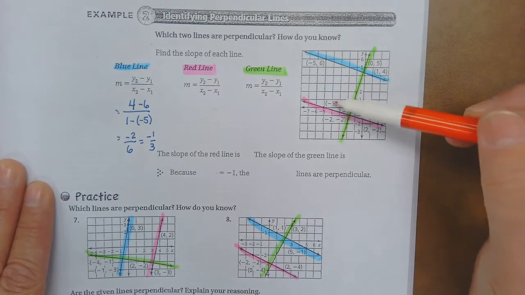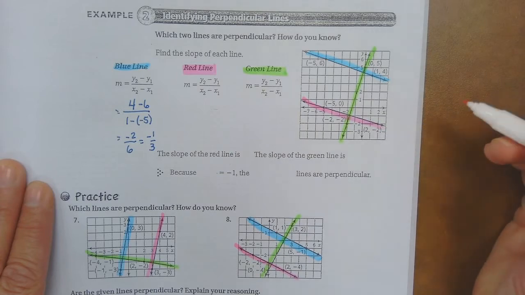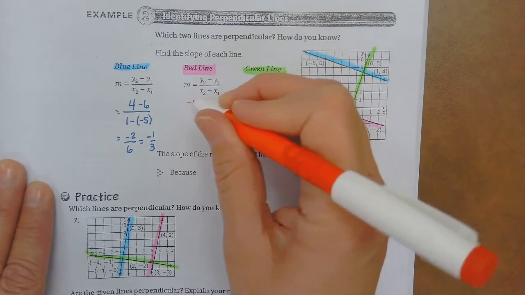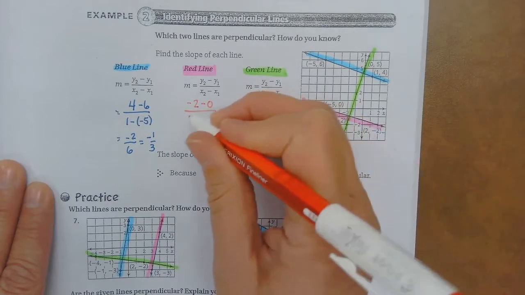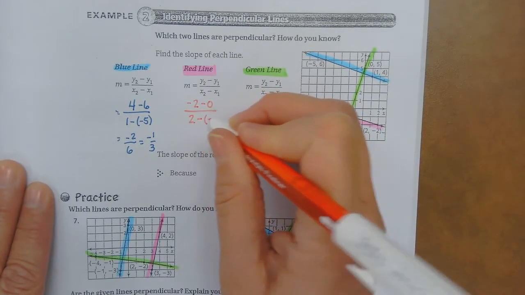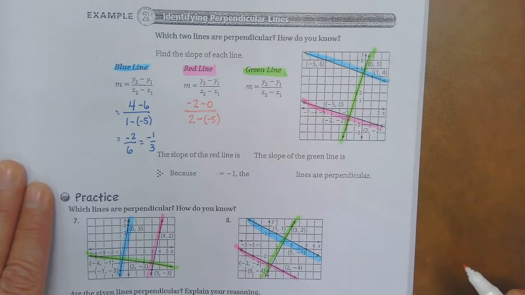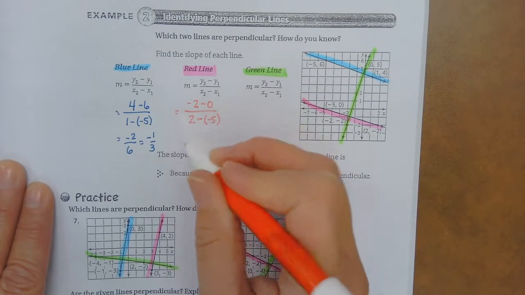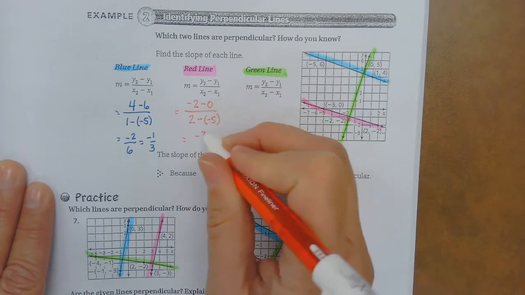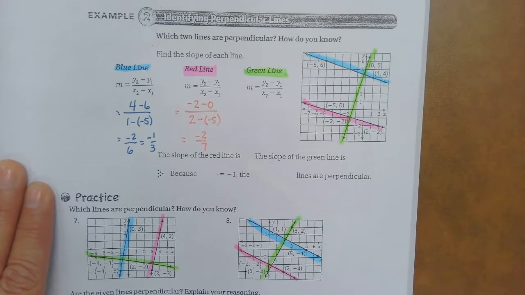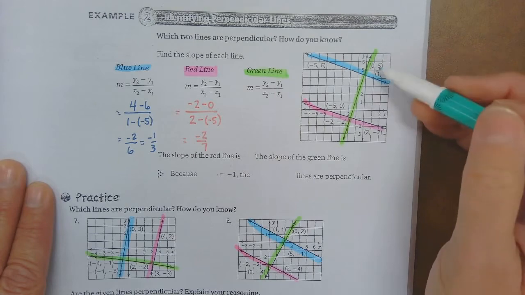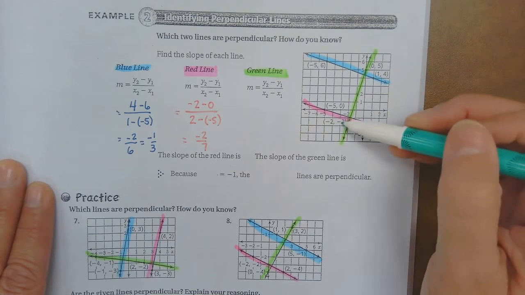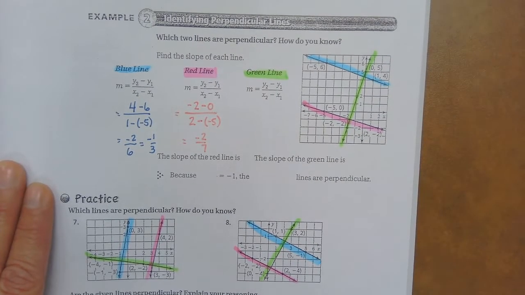For the red line, I'm going to use -5, 0, and 2, -2. So the change in y is -2 minus 0. The change in x is 2 minus -5. If I simplify that, it's -2 over 7. And then for the green line, I'm using 0, 5, and -2, -2.